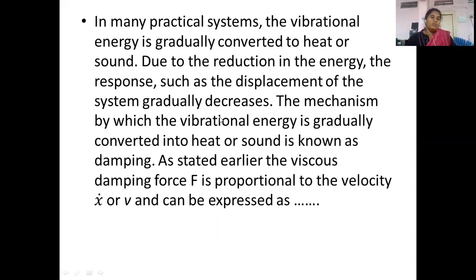Okay, below this side down. In many practical systems, the vibrational energy is gradually converted to heat or sound.